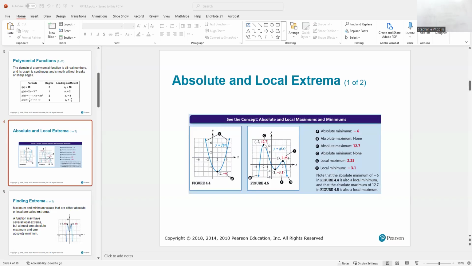It's not the absolute highest like this one over here, but locally it's the highest point. So we call that a local maximum. And then here is a local minimum of -3.1. There is no absolute minimum. You can see here it says none, and that's because it goes down infinitely.